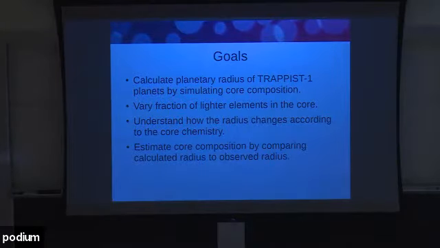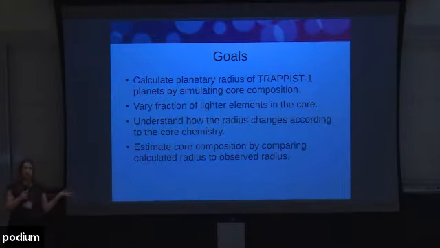So what we want to do with the way we use Exoplex is figure out the composition of the core of each of the planets of TRAPPIST-1. Now we know the mass and the radius, so if we want to know the composition, why not start by finding the radius, which we already know. It's less circular than it sounds. What you do is you vary the fraction of elements that are in the core.